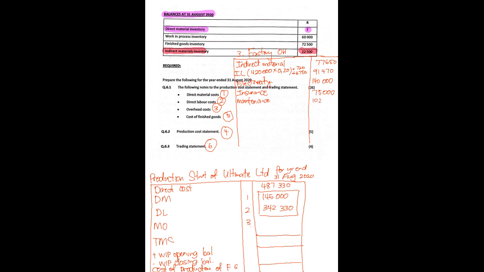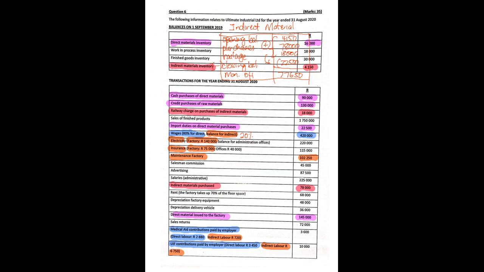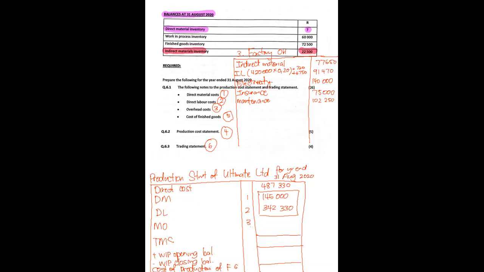And then the next one was, let's look at it. So you had rent for the factory. The factory takes up 70% of the floor space. So the rent was 68,000, and again, you need to show the working out where necessary. So 68,000 times 70%, and that would tell us that the rent is 47,600.